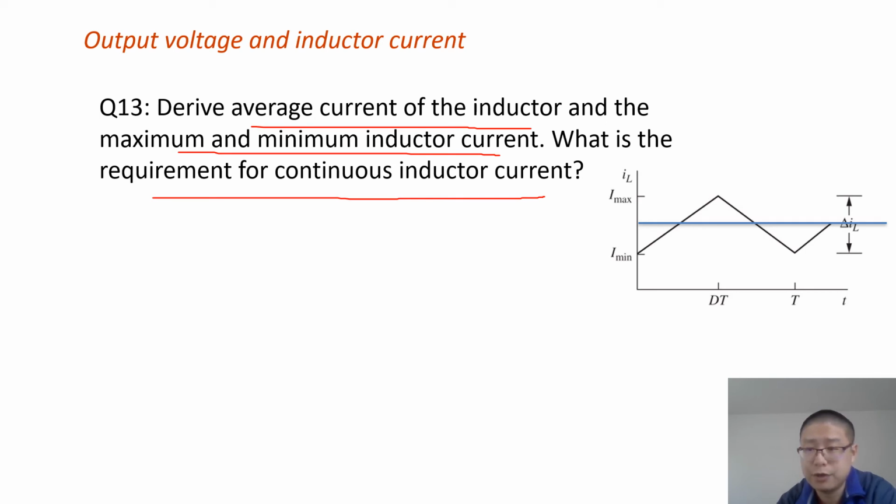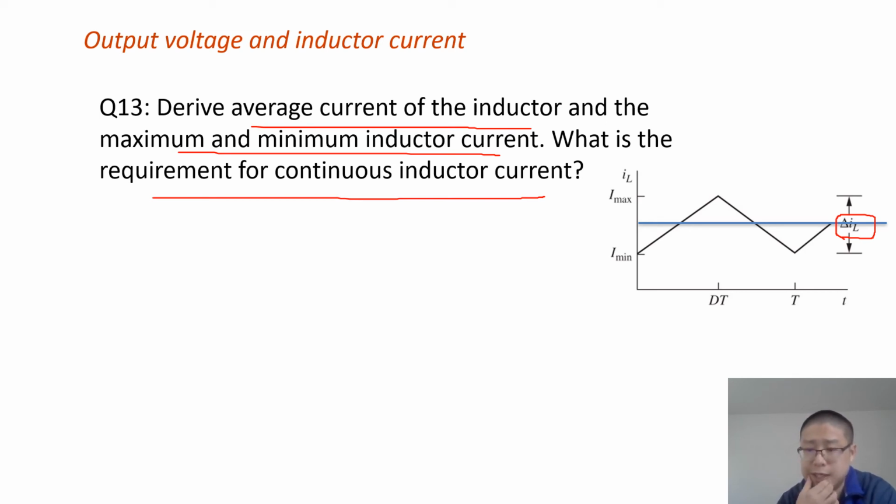Here we already know delta IL, right? If we obtain the average value, then plus or minus half of delta IL gives us Imax and Imin. So how to calculate the average value?